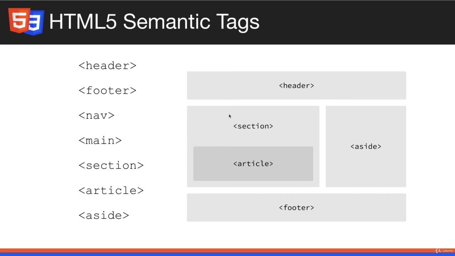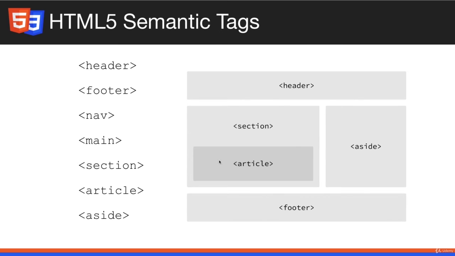Section is going to be just that. For instance, the about div that we had and then the contact div, that's where I would use a section. Instead of using a div there, I'd say section and maybe still give it an ID of about or whatever. And then article is going to be used for just that. If there's an article post or a blog post, a lot of times you'll see multiple blog posts and then maybe a read more button or something.